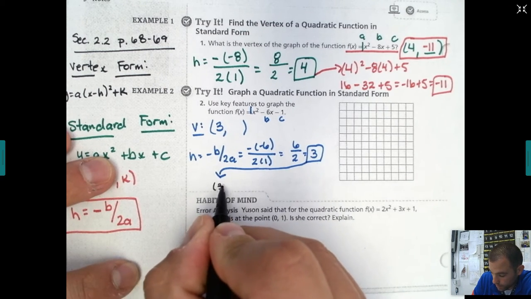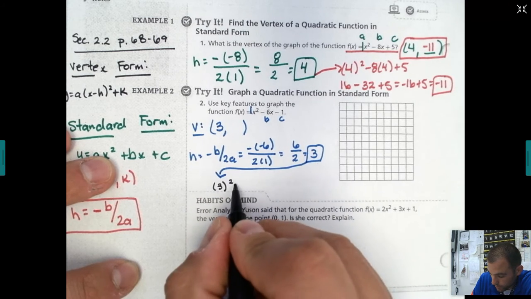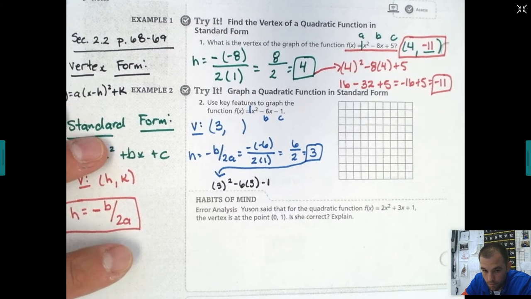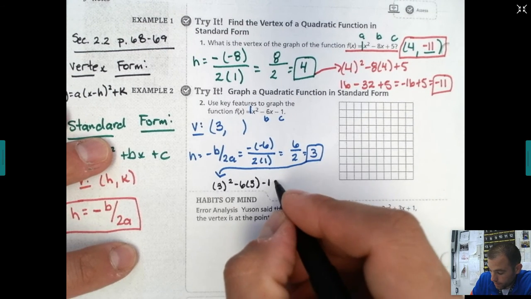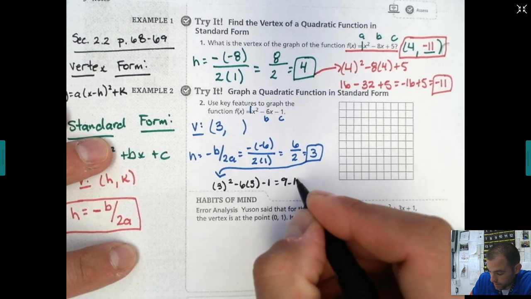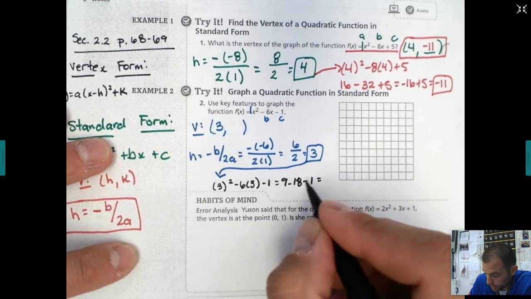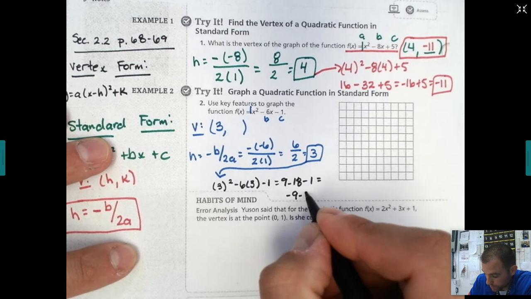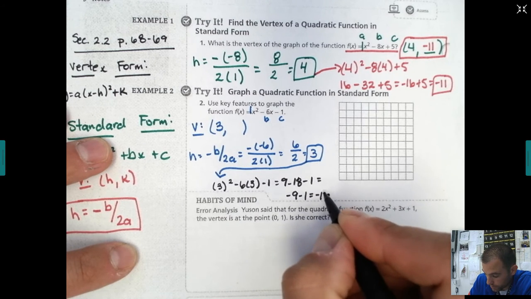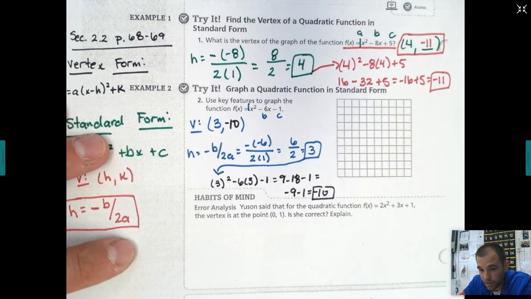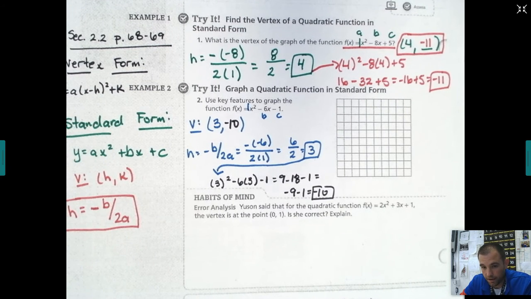It would be 3 squared minus 6 times 3 minus 1. 3 squared is 9. 6 times 3 is 18 minus 1. 9 minus 18 is negative 9 minus 1. Negative 9 minus 1 is negative 10. So my vertex is (3, negative 10). Positive 3 and negative 10 is my vertex.